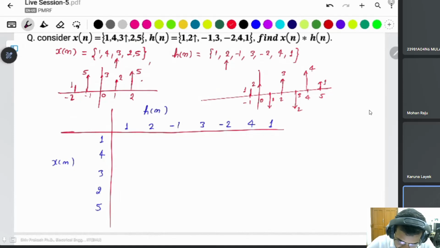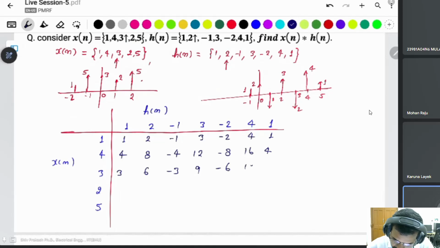With the multiplication like that, 1 times 1 is 1, 2, minus 1, 3, same to same. You multiply 4 by 1, it will be 4, it will be 8, minus 4, 12, minus 8, 16, and 4. Next one is 3, 3 times 2 is 6, minus 3, 9, minus 6, 12, and 3.